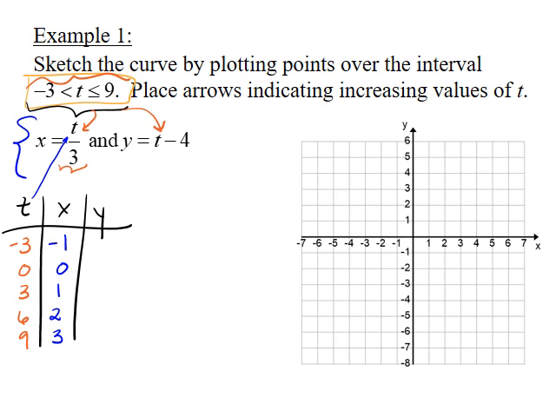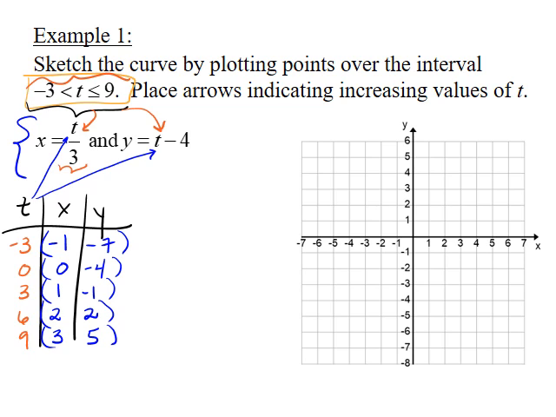I'm going to do the same thing here. -3 minus 4 gives me -7. 0 minus 4 is -4. 3 minus 4 is -1. 6 minus 4 is 2. And 9 minus 4 is 5. So I've just created each of these ordered pairs, and I'm going to plot those.